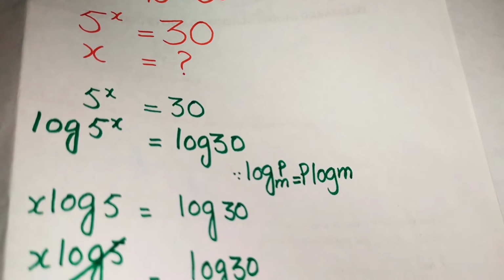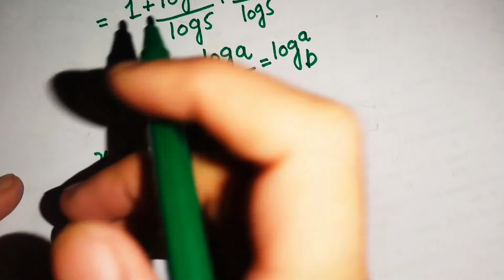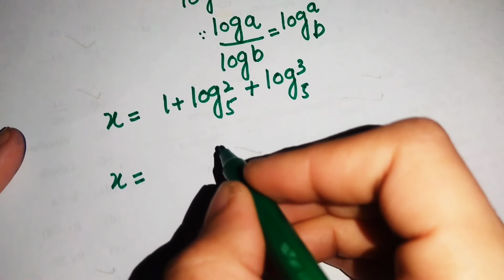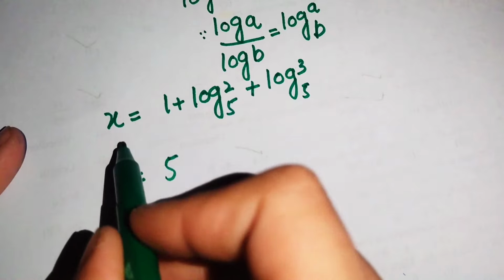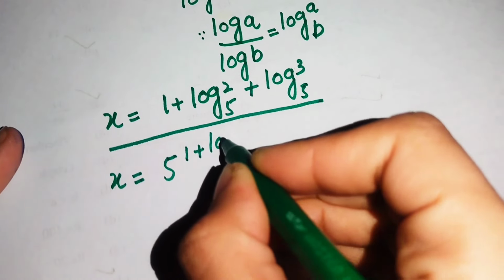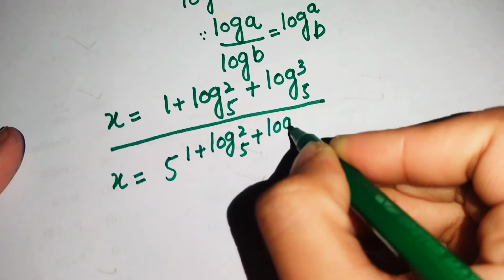Now we put this value in the given form, 5^x is equal to 30, and we put it as 5^(1 plus log_5 2 plus log_5 3).